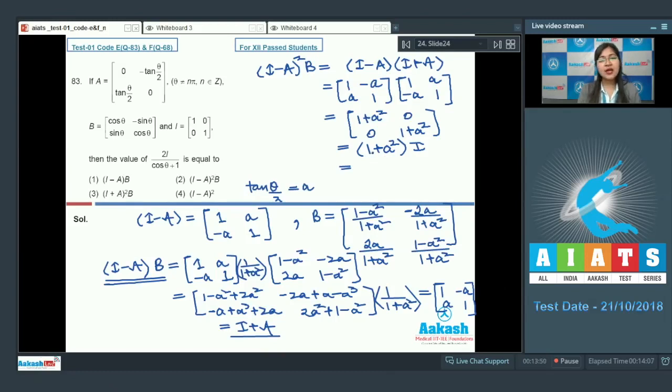So this is 1 plus tan square theta by 2, that is secant square theta by 2. So we can write it equal to I upon cos square theta by 2. So this can be written equal to 2I upon 1 plus cos theta, right? So the value of I minus a whole square into b is given in option number 2.